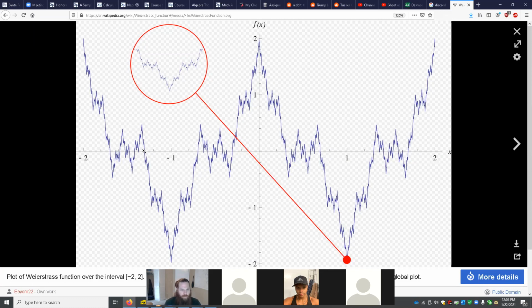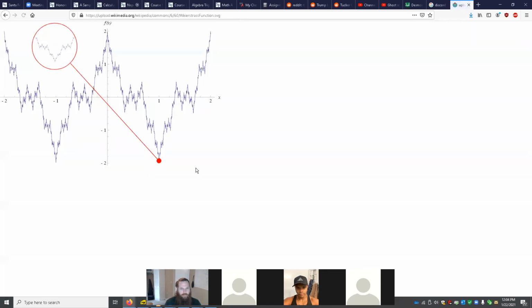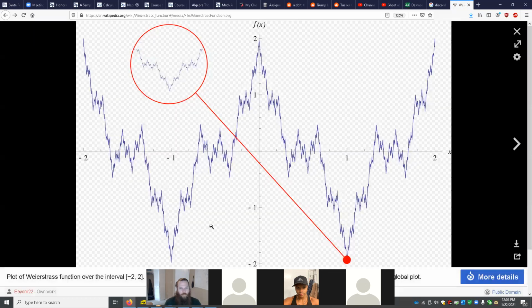Even the pieces that look like they might be made up of straight lines, if you zoom in on them, they are not. No matter where you look, if you zoom in, you find jagged peaks. At every single point, there is a jagged peak. They're trying to exemplify that by saying, here we've zoomed in on this little small part. And it's symmetric. It is an even function.